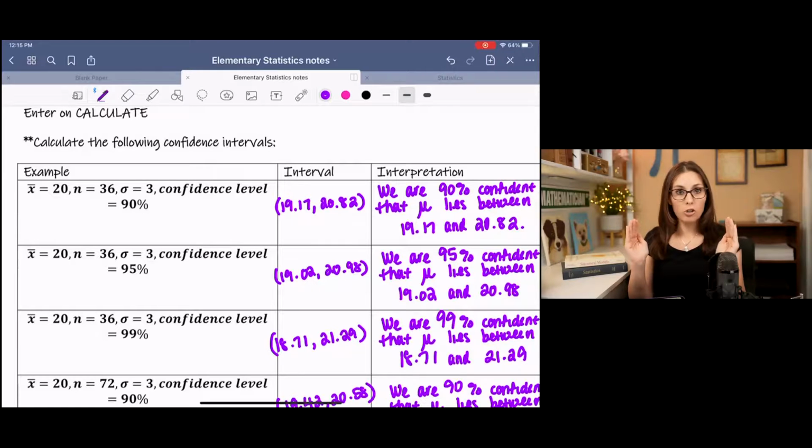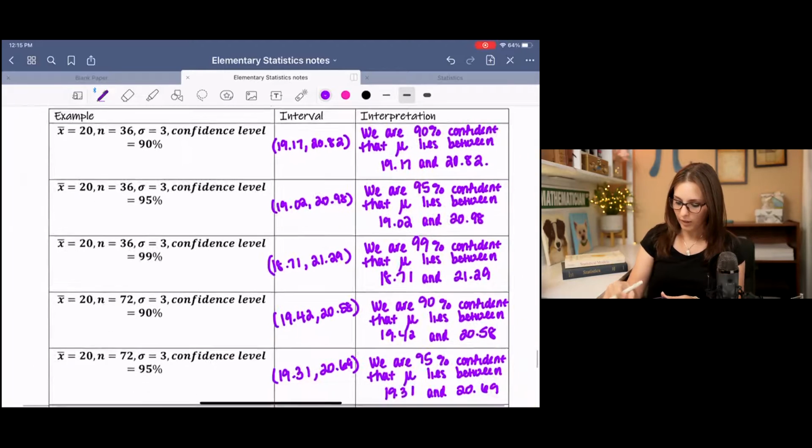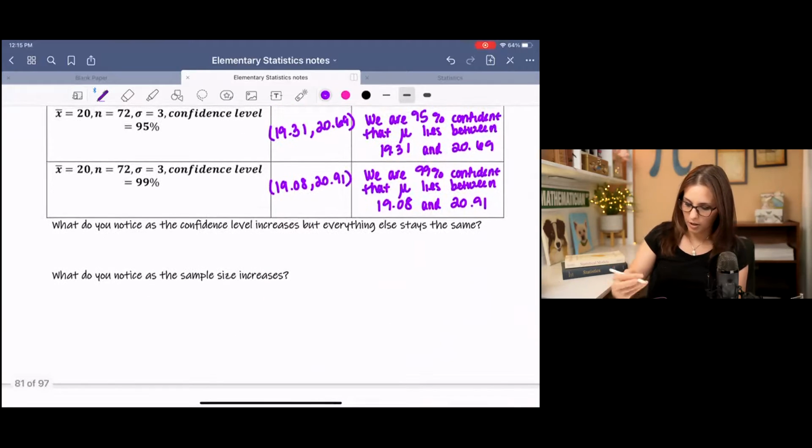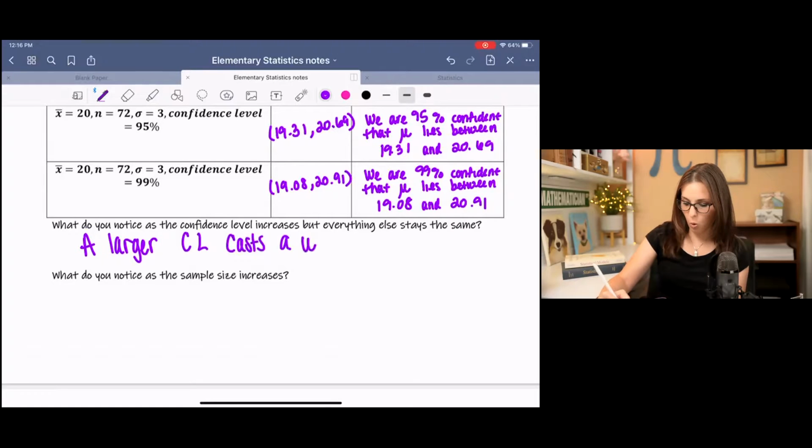So a larger confidence level casts a wider net. So it gives you a little more safety. Let's summarize that here. A larger confidence level casts a wider net for the confidence interval.